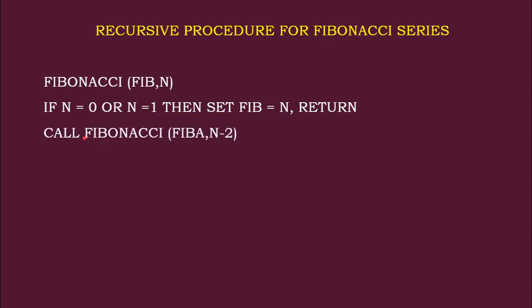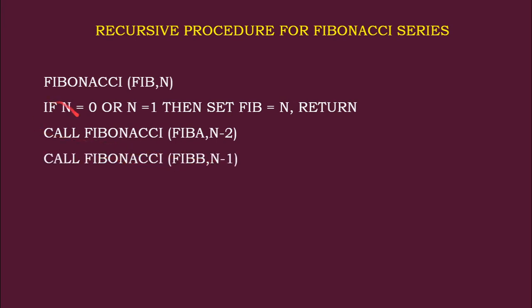Otherwise we have to create the series. How to generate the series? By calling the function. Call Fibonacci fib a comma n minus 2. Here Fibonacci is the calling of the function within itself. So this is the function Fibonacci, and this is the function call for Fibonacci. The function Fibonacci is called within the function Fibonacci itself. This is called recursion with the parameters fib a comma n minus 2. Next call is made by call Fibonacci fib b comma n minus 1.